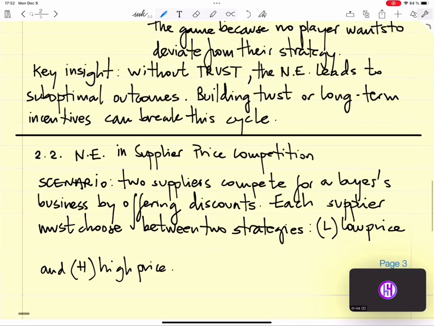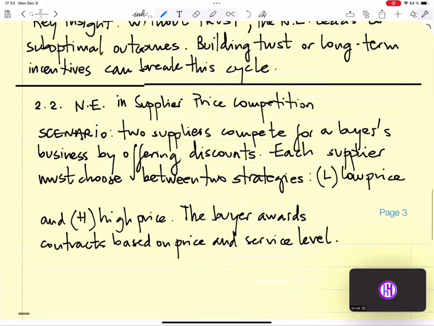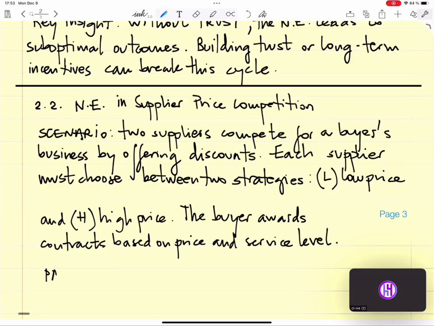The buyer awards contracts based on price and service level. Okay, so the payoff matrix, this is the scenario. The payoff matrix is like this.